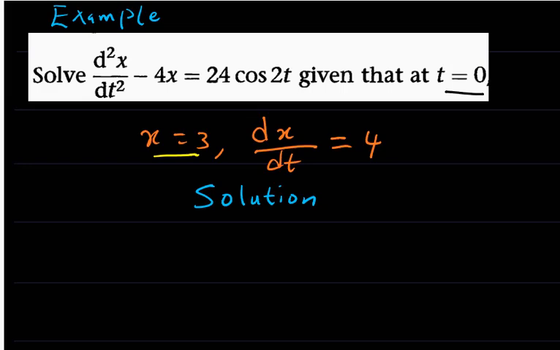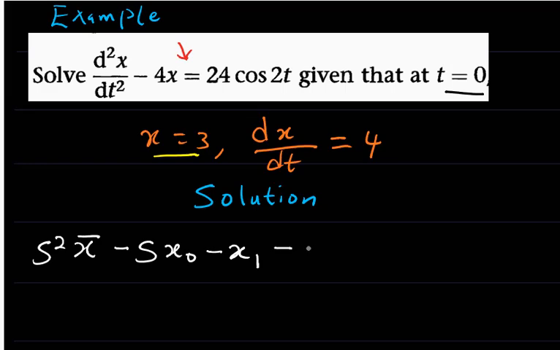So let's transform this equation into its Laplace equivalent. Let's start with d²x. You know exactly what it is going to be. That's going to be s² x bar minus s to the power 1 times x(0), minus s to the power 0, which makes it 1, times x'(0).